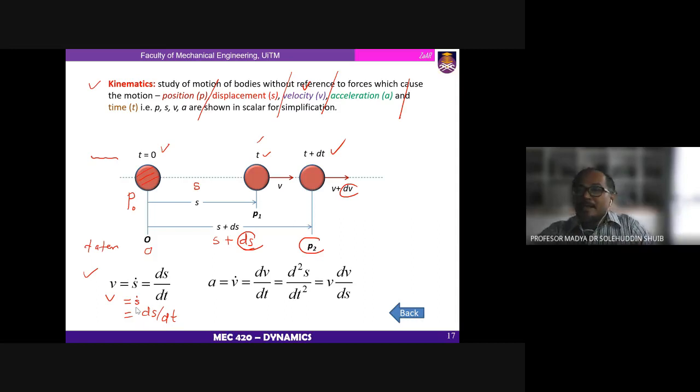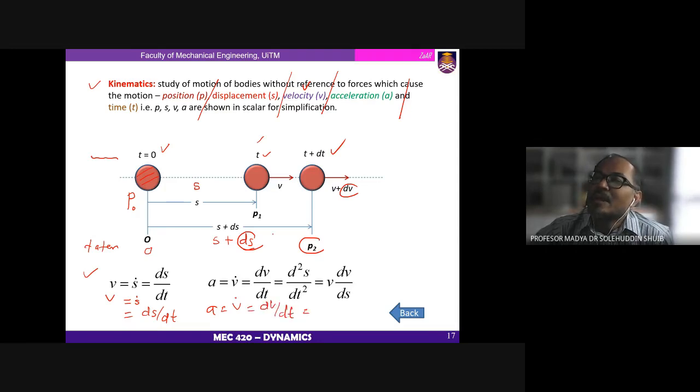How about the acceleration? Now we want to find the acceleration. For acceleration, we know that a equals v dot. What is v dot? We differentiate v with respect to time.